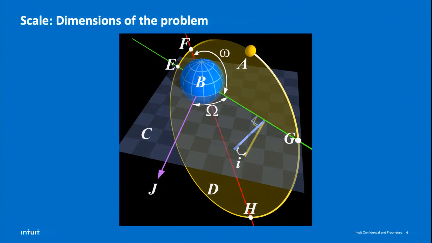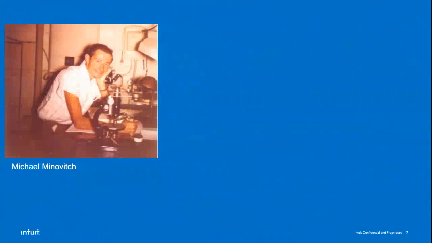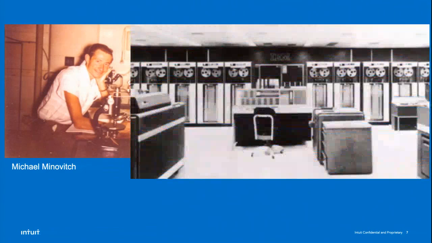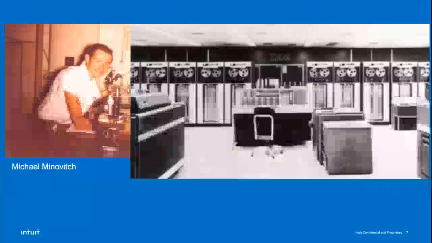So in order to solve that, at that point in time in the 1960s, NASA thought this problem would take a lot of time to solve. We need to give it to somebody who is a very young scientist. Michael Minovitch, probably you guys have heard about him. He's a great mathematician who solved the three-body problem, and then scaled that problem up to the n-body problem to solve this interstellar trajectory.